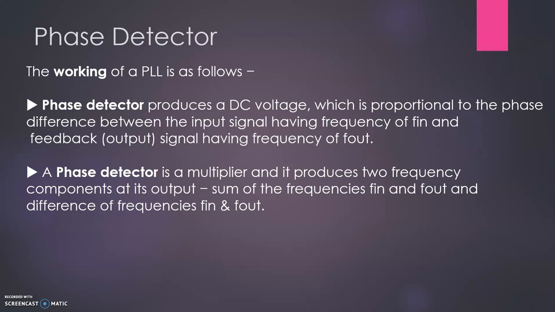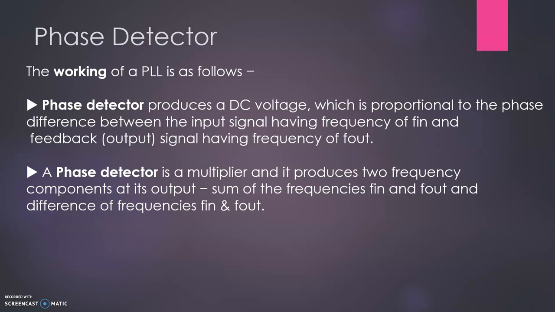The working of the PLL starts with the phase detector. A phase detector is basically a comparator that compares the input frequency with feedback frequency. Comparing the input frequency and output frequency, it provides an error signal, which is basically a DC voltage.